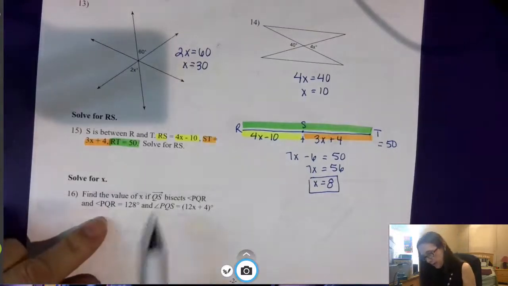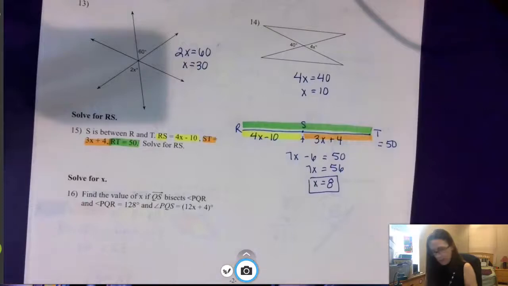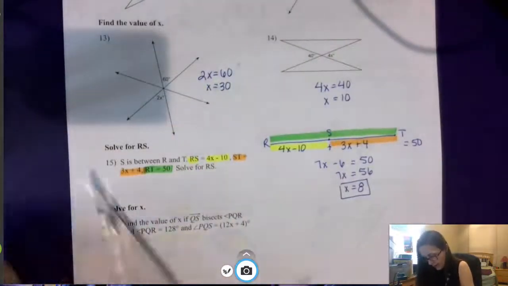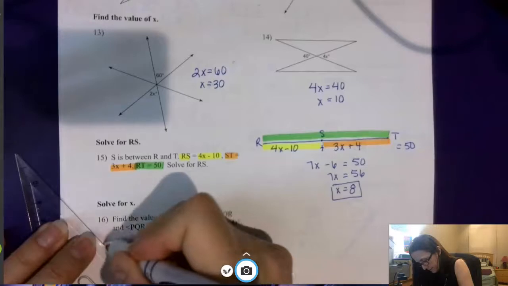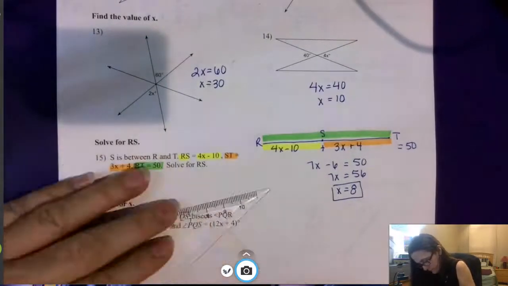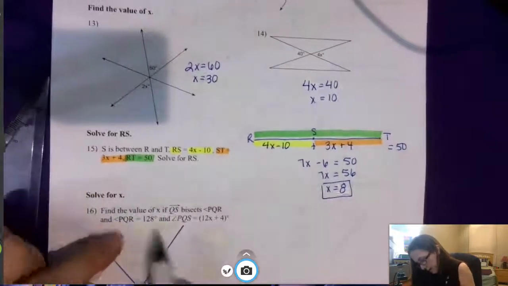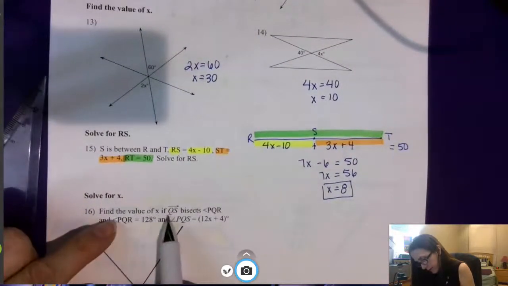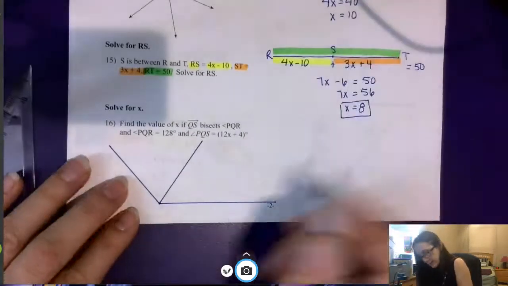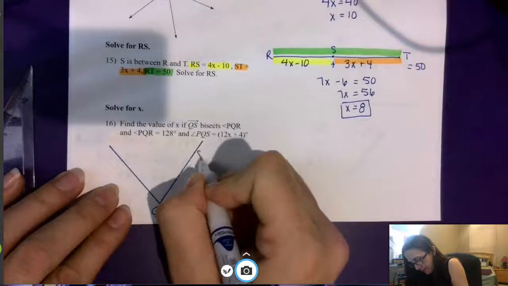Okay, find the value of x if QS bisects PQR. I'm going to make a little angle here. Again, it's not to scale. QS is the bisector, so that means Q is my vertex and S is out here.